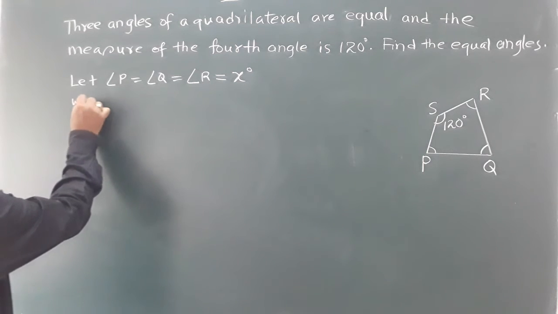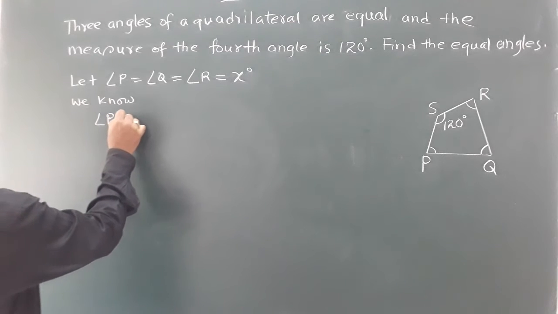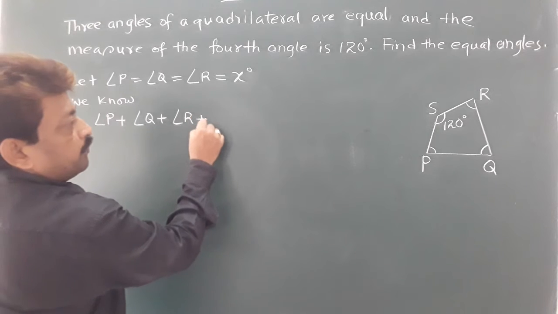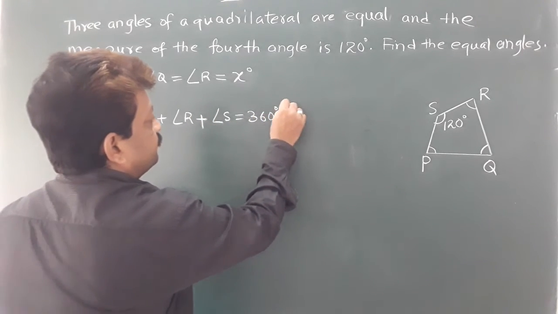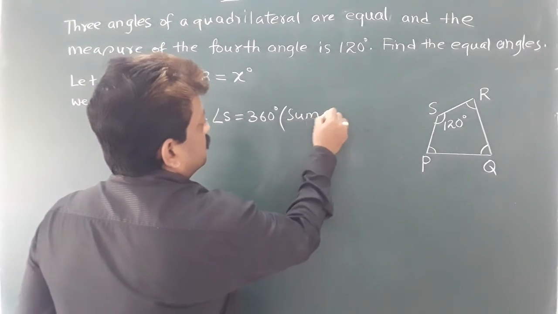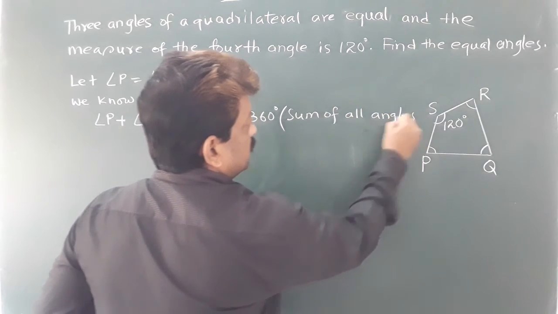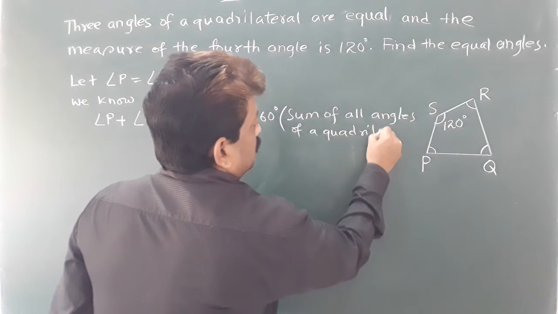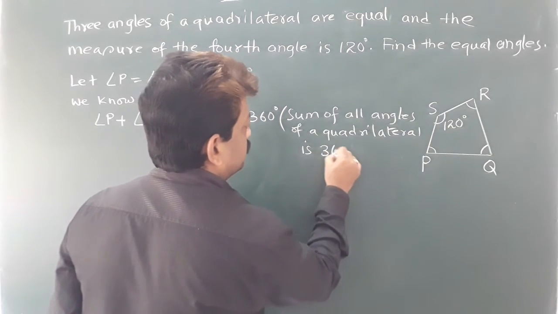Now we know angle P plus angle Q plus angle R plus angle S is equal to 360 degrees. The reason is known to you: the sum of all angles of a quadrilateral is 360 degrees.